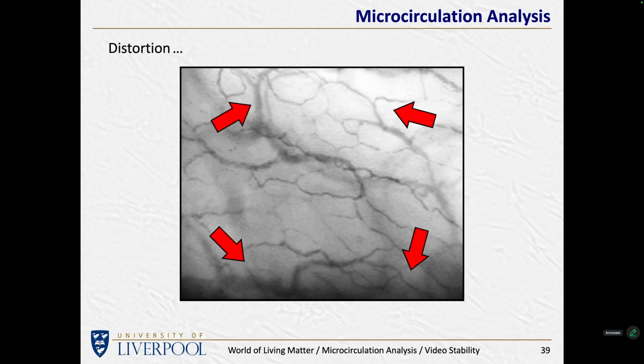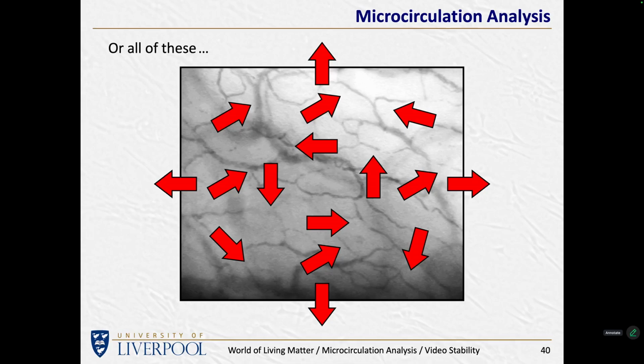And there could be a distortion because the tongue is not a solid object, it's a muscle, and that can distort. So if the vessel network is moving all over the place, because you probably have all of those motions in there, how on earth can you possibly hope to actually follow what a blood cell is doing relative to a vessel if you can't see the vessel and the vessel network is suffering from all of this motion?